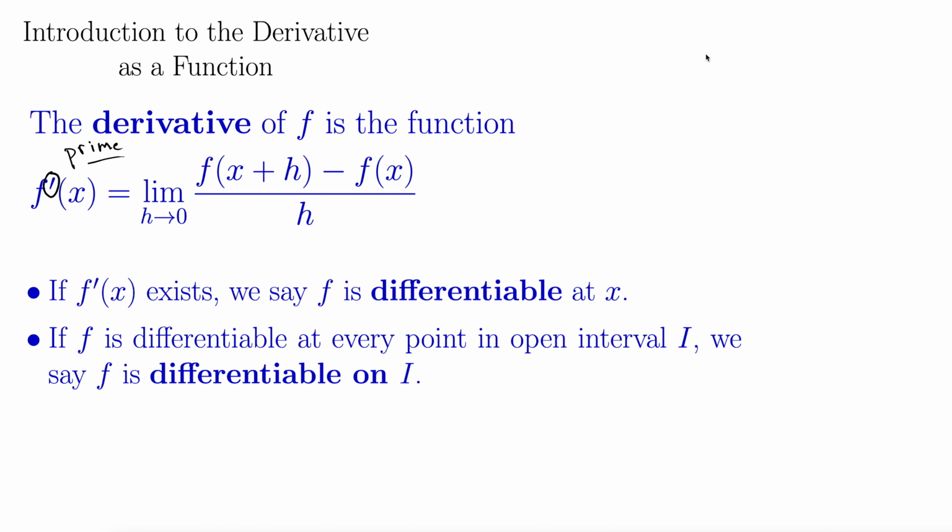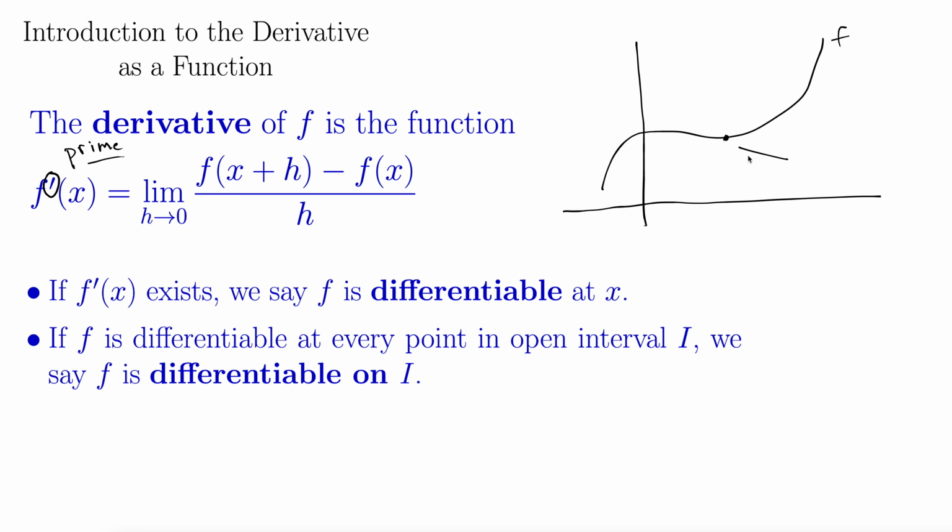This definition of a derivative does not come out of thin air, and it means something. So let's take some arbitrary function f. Here it is, and we want to know the slope here at a single point.